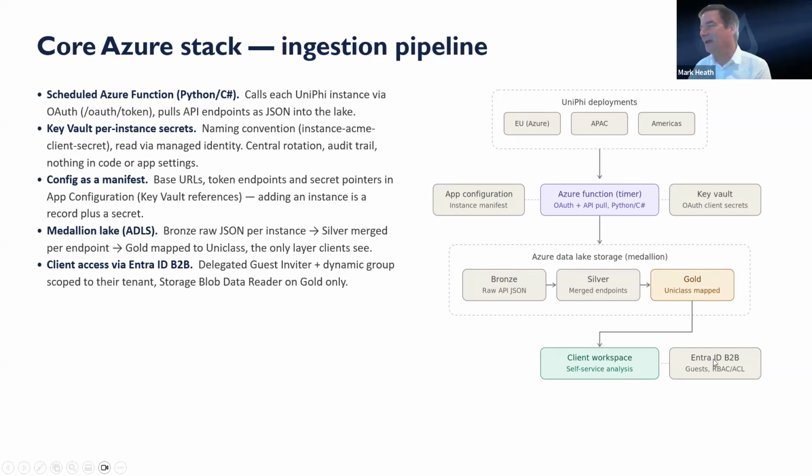And then there'll be another Entra ID access layer for you to build your own workspace services, self-service analysis into there, authenticating with an Entra ID to access that data. So a lot of security, a lot of guardrails around the data actually getting out and not being able to be used as a training system for any other AI, et cetera.